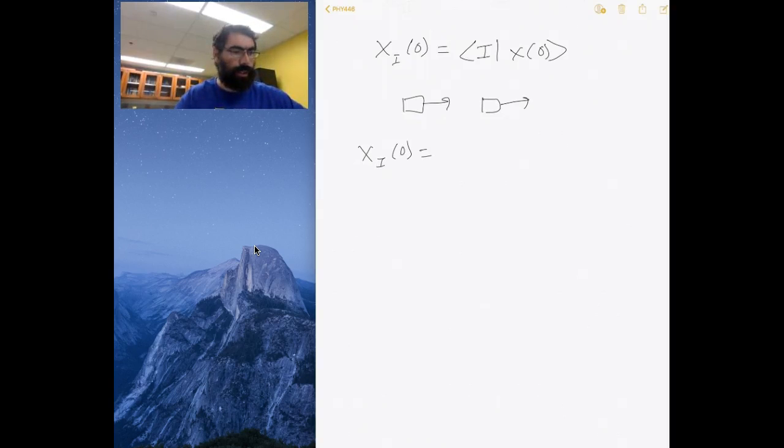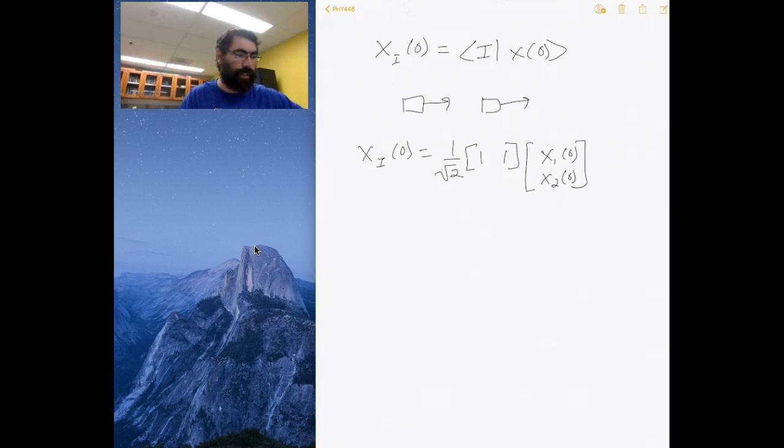then what I have is the basis vector (1, 1) multiplied by the other state, which is (x1, x2), like so.